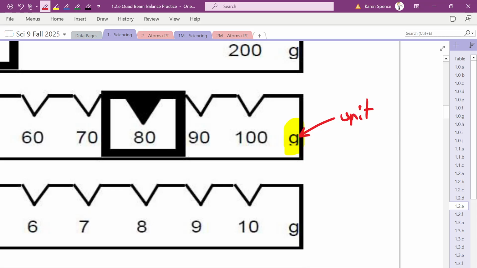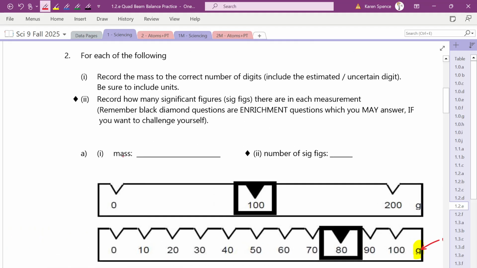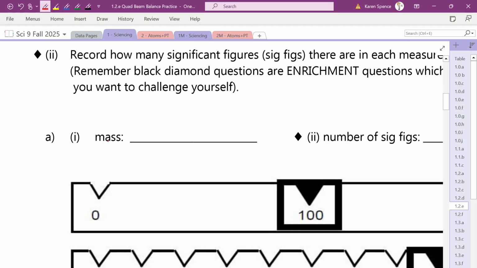What is the quantity that it measures? That's another unit. Kilograms is another unit. Yeah, mass. Okay, mass. All right, so when you are reading this, you want to say mass equals. In fact, I'm going to cross that out. I'm going to write mass equals.